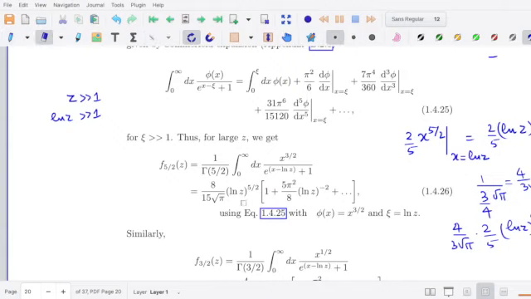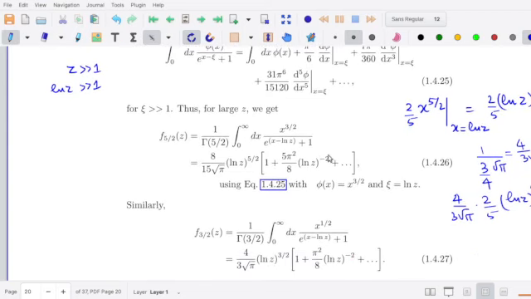By taking this outside, we can see that within the brackets the terms are like 1 plus 5 pi squared by 8 logarithm of z to the power minus 2, and so on. So since z is large, logarithm of z is also large, this term is going to be much smaller than 1. So the next term is going to be of lower order, that is going to be smaller than these two terms. So we can neglect the higher order terms in this expansion, and we can stop at this term as a lower order approximation.